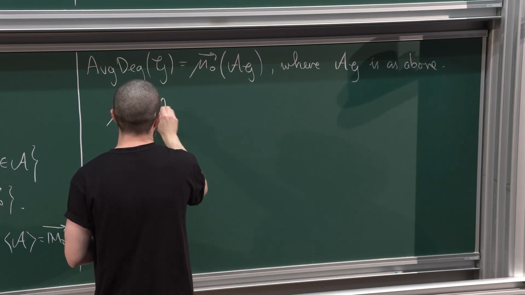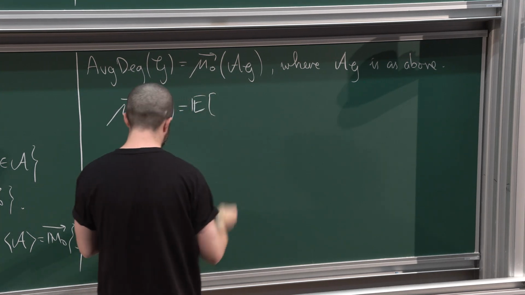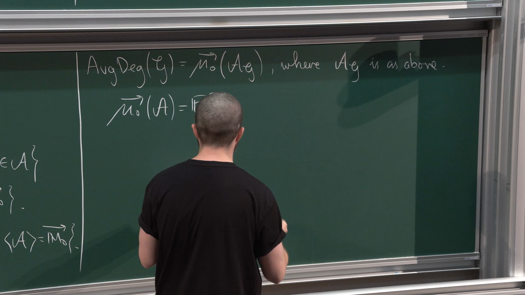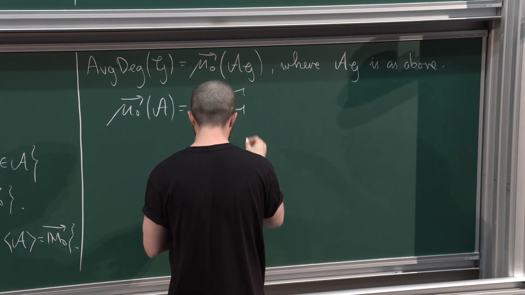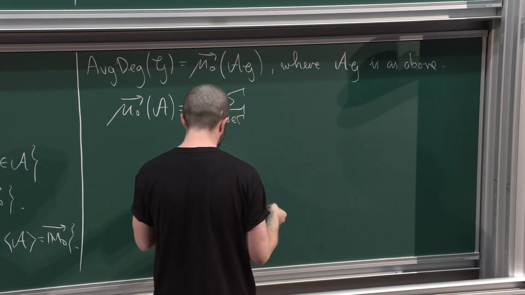Where mu0 for some subset A, this was this expectation. This thing that I was saying is secretly something called palm measure in disguise, or maybe palm measure up to a fixed multiplicative constant. I didn't have time to thoroughly check.